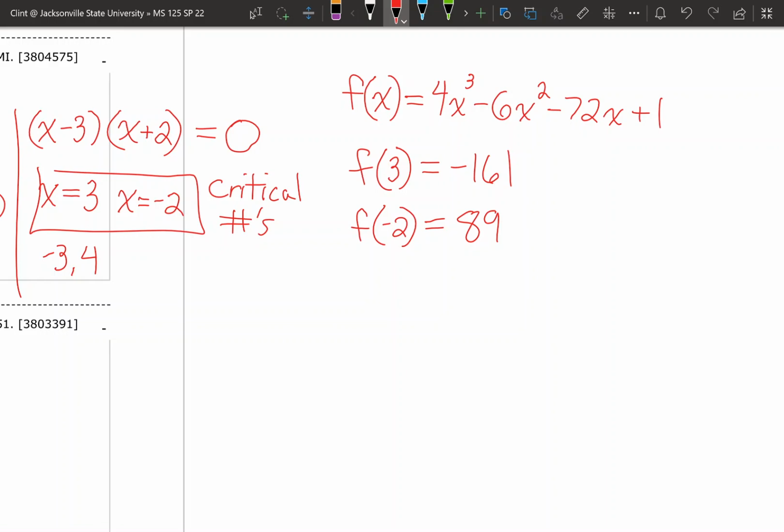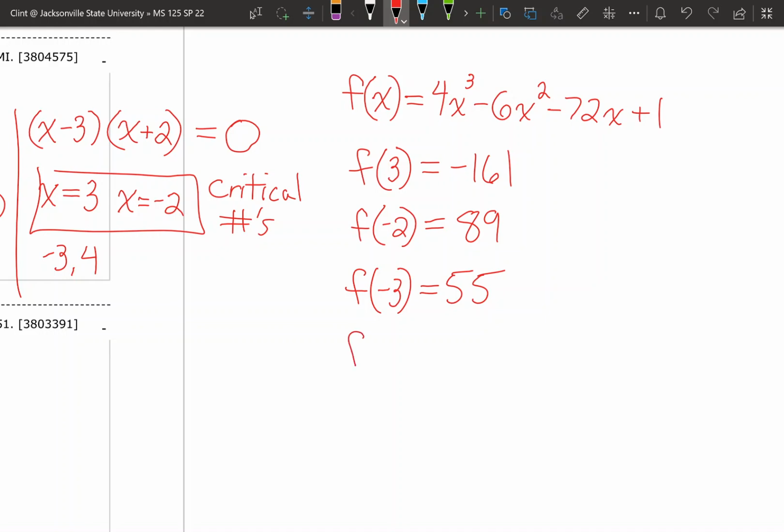I want you to double check these before you take them to the bank, because I'm just using my phone calculator up here and I can do goofy things sometimes. For negative 3, we have 4 times negative 27 minus 6 times 9 minus 72 times negative 3 plus 1. That one I got 55.